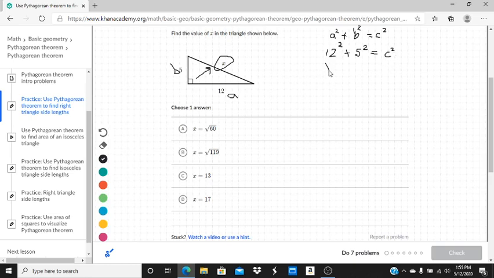Okay, so 12 squared is 12 times 12, which is 144. 5 squared is 5 times 5, which is 25. And that equals c squared. If I add 144 plus 25, I get 169, which is equal to c squared.